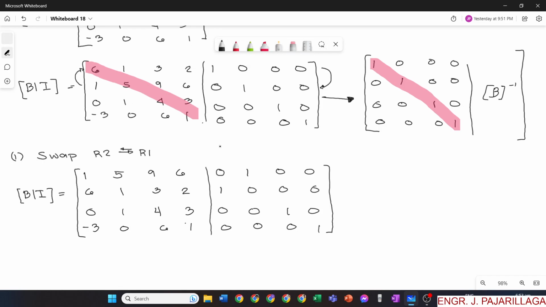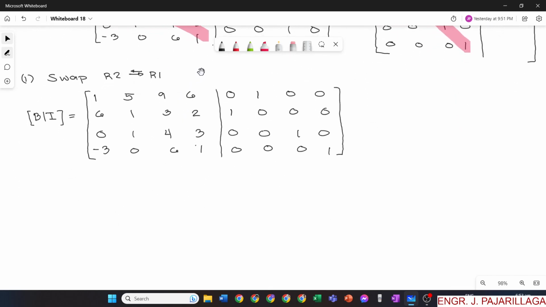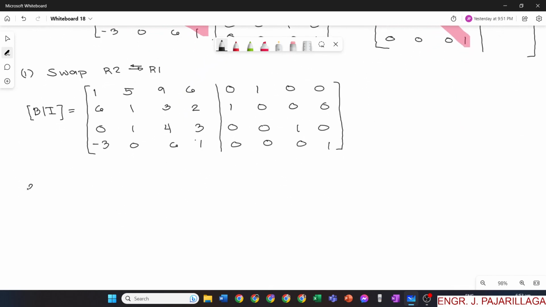Ang susunod ko na step, I will eliminate column 1, rows 2, row 3, and row 4.